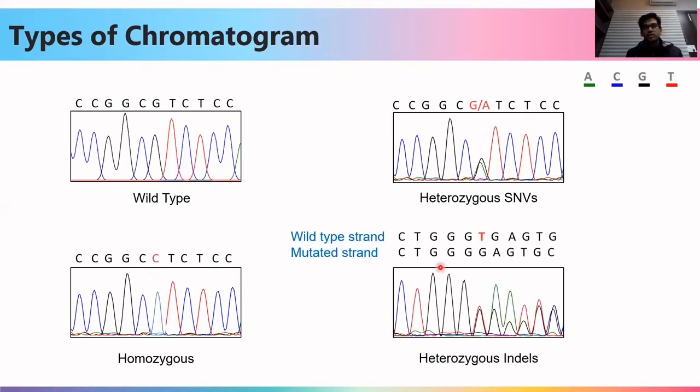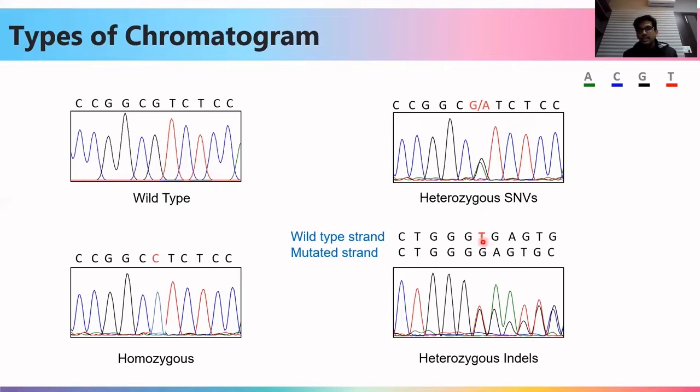There's one more scenario, for heterozygous indels, that is insertion and deletion. By looking at the chromatogram, you might think that there are multiple mutations at each site after this particular variant, but this is not the case. If you look at the sequence for the wild type strand, there is a C and a T present here, but in the mutated strand this particular T has been deleted.